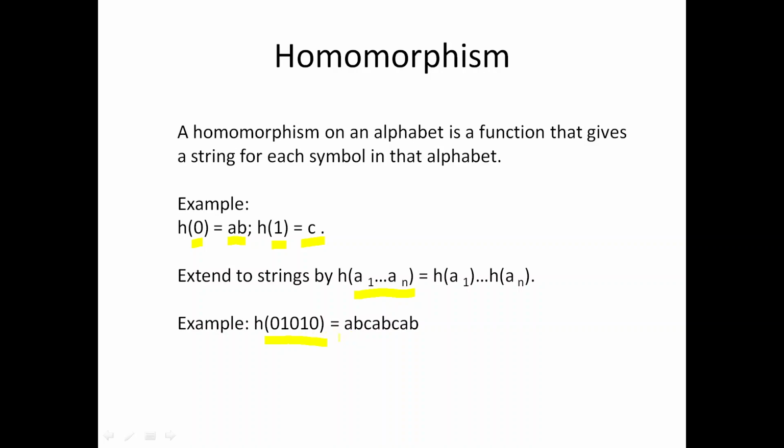Basically you are substituting these symbols from the alphabet set with the corresponding strings, and this is the string that you generate by applying homomorphism on the string 0 1 0 1 0.